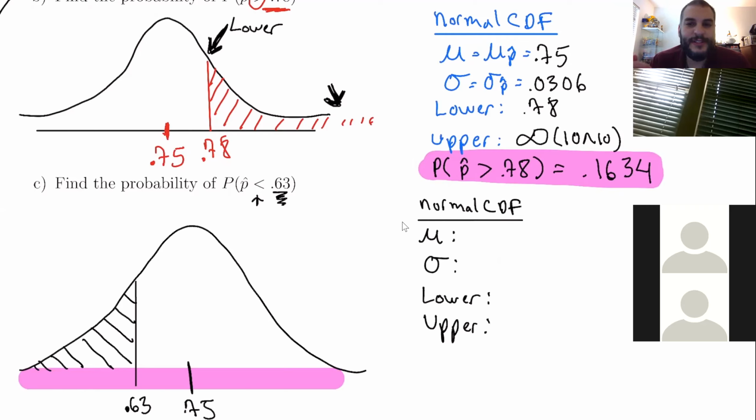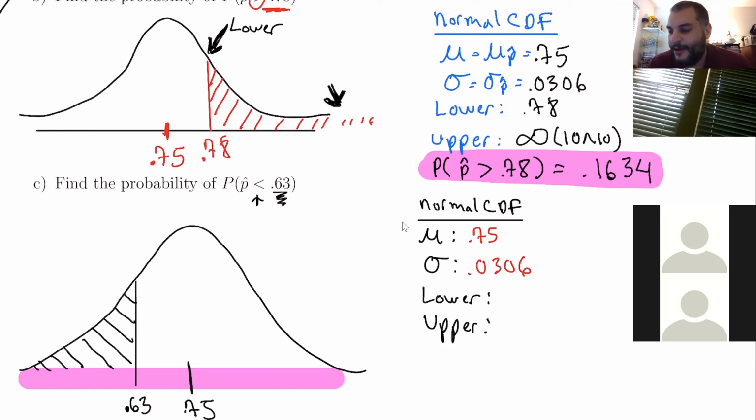If you look at mu and sigma, they should be the same. That's not changing. It's still gonna be mu is 0.75 and sigma is 0.0306. Since it's the same problem, the mu and the sigma stay the same. The only thing that's changing is my lower bound and my upper bound.